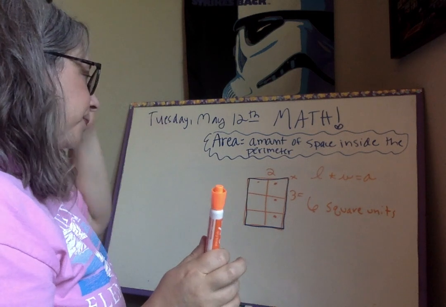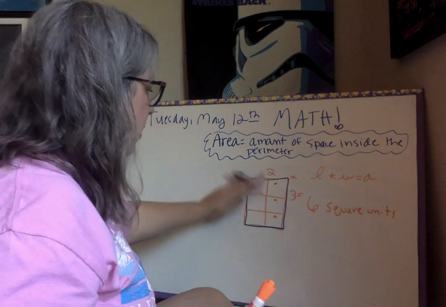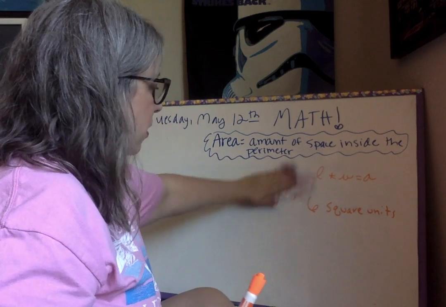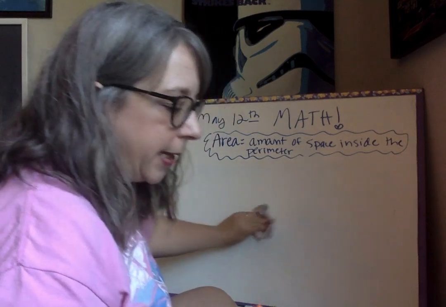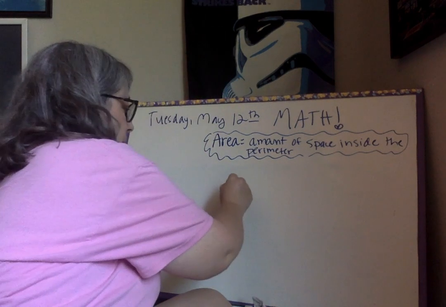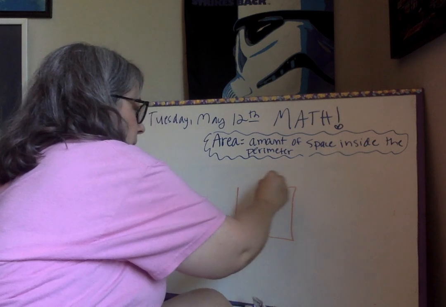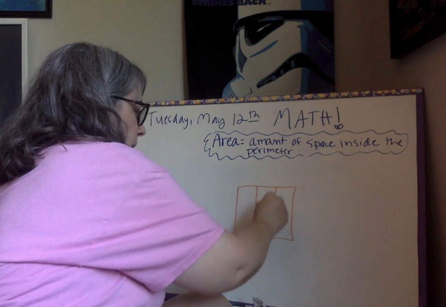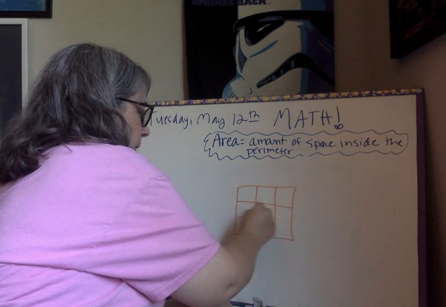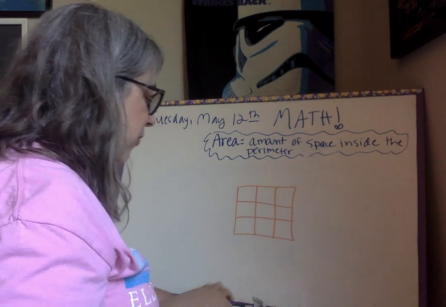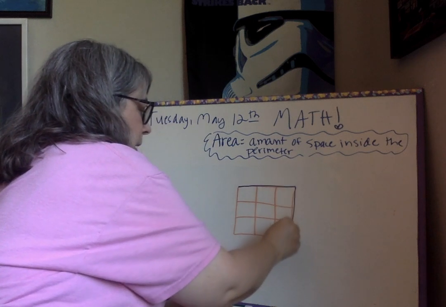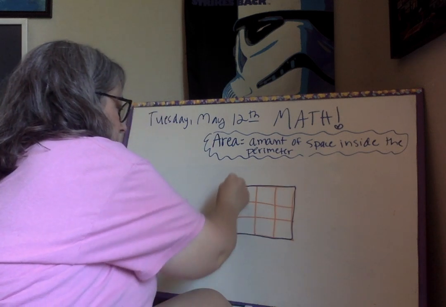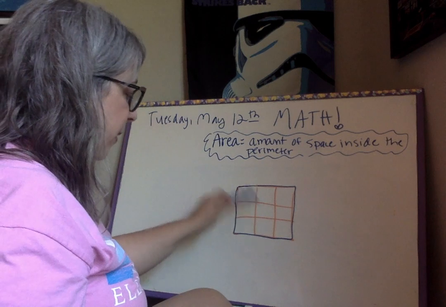So, let's try another one. Okay, all right, so again, here's our perimeter. And we want to find what is the area.